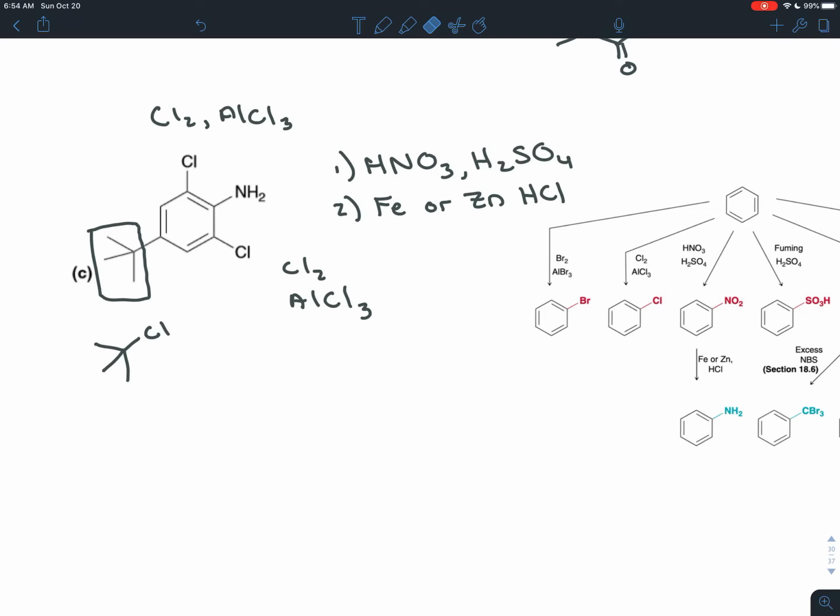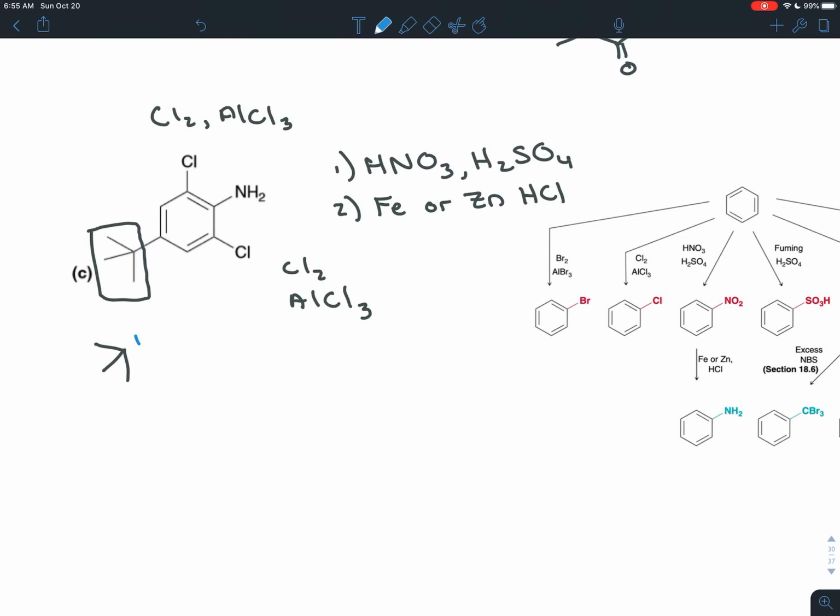When you're turning this into an awesome electrophile that the benzene would react with, take the chlorine off. Imagine the carbocation there. And that's a tertiary carbocation. That carbon is bonded to 1, 2, 3 other carbons, so that's really stable. Any other position on the molecule, any one of the carbons next door, those are all primary. Each of those are only bonded to 1 other carbon.